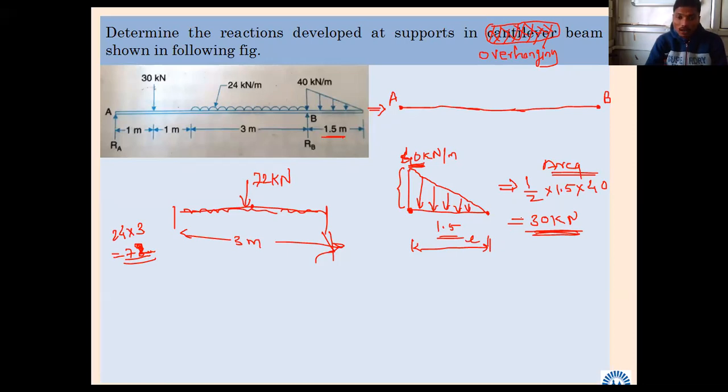a right angled triangle. Then how do we take it from this apex? From the apex you have to take a distance of 2/3 of L. It will come somewhere here. Remaining will be what?